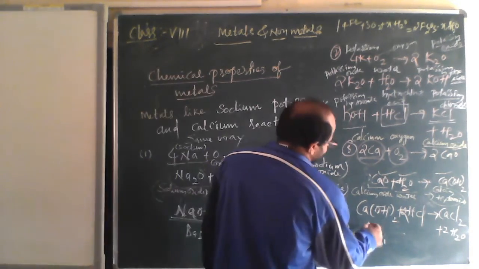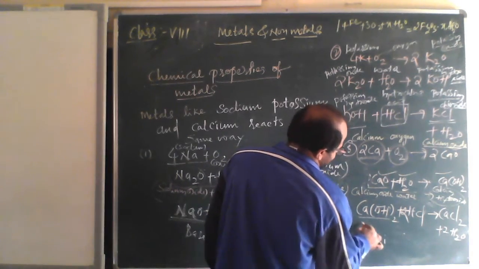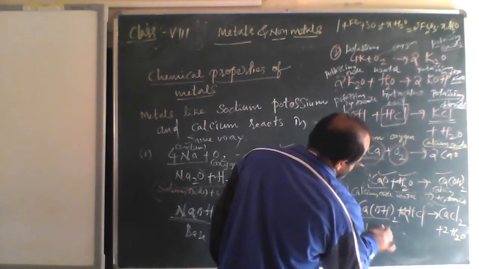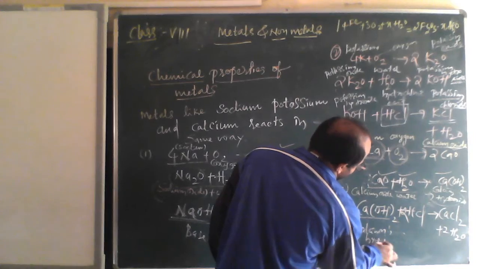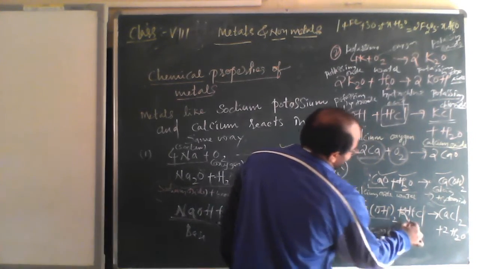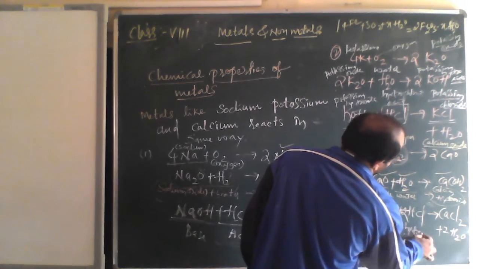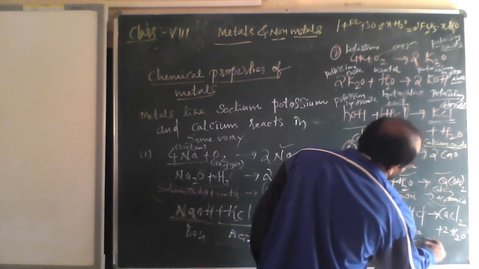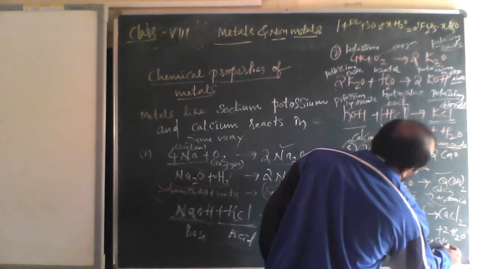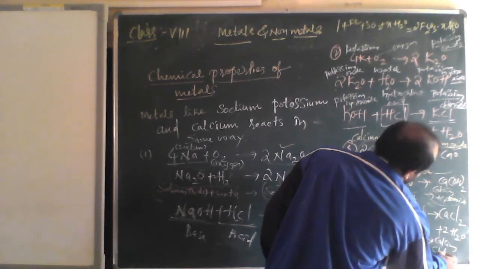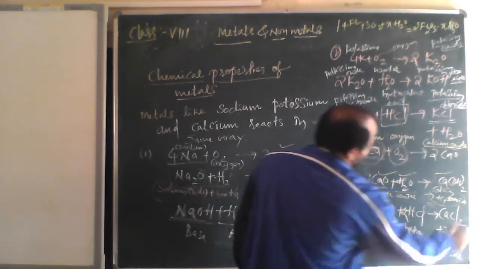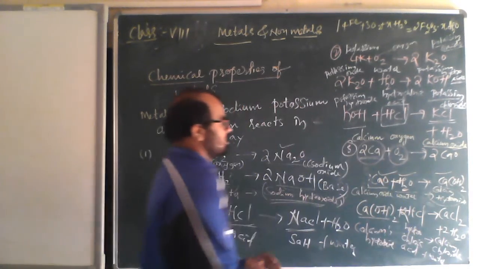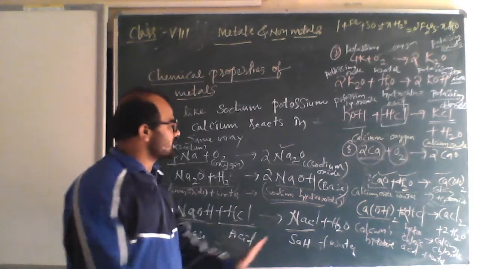So the calcium hydroxide formed reacts with hydrochloric acid to form calcium chloride along with water. So this is the process.